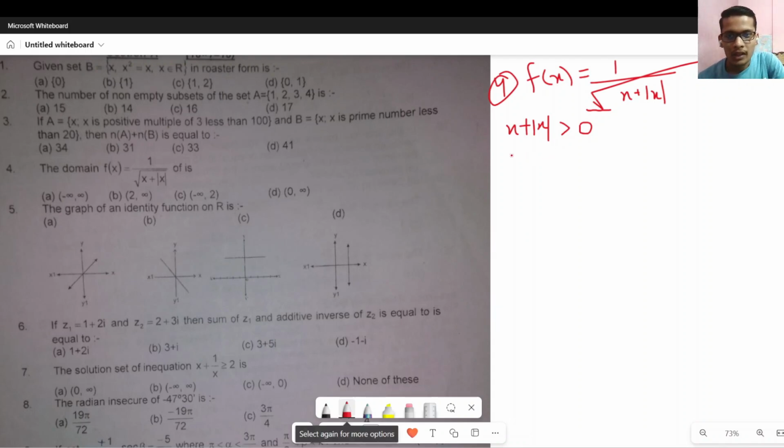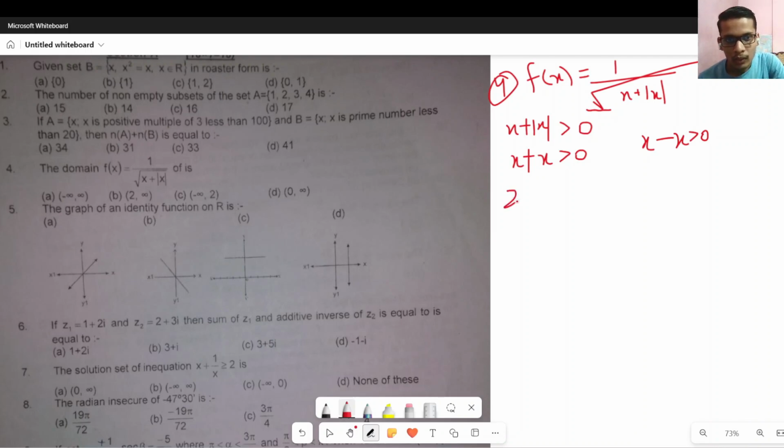Since there is modulus of x, the modulus opens in two parts. The first part will be x plus x greater than 0, and the second part will be x minus x greater than 0. We have just opened the modulus in two ways, plus and minus.